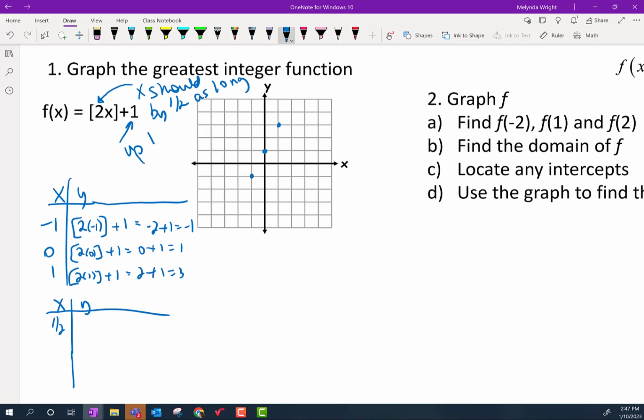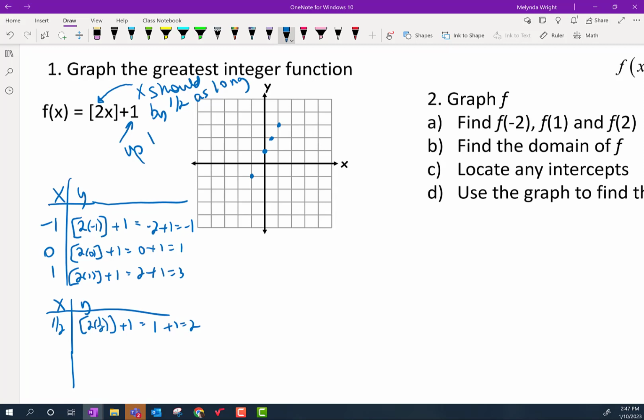So I put a half in, and I've got 2 times a half plus 1. 2 times a half is 1, and 1 plus 1 is 2. So at a half, I'm at 2. Oh yeah, that makes sense, because these are half the length of the others.